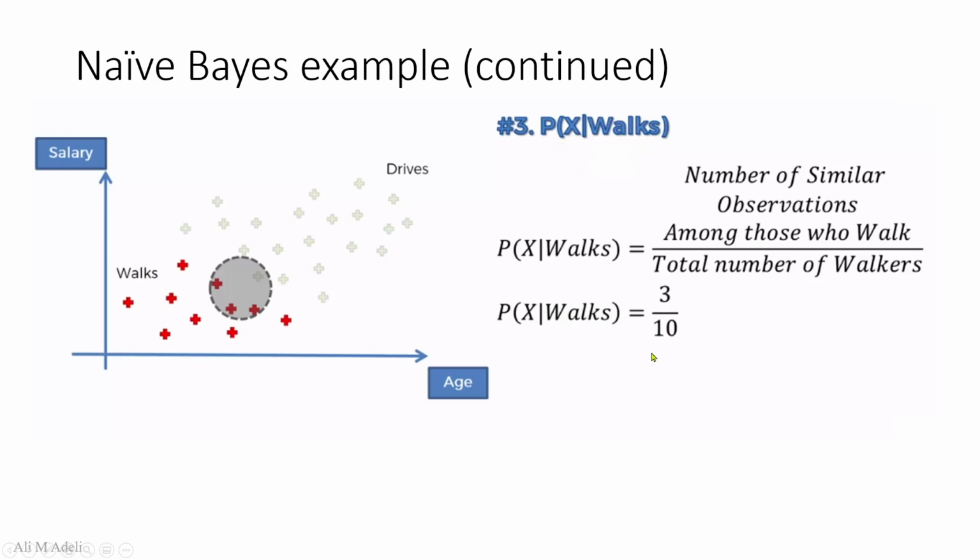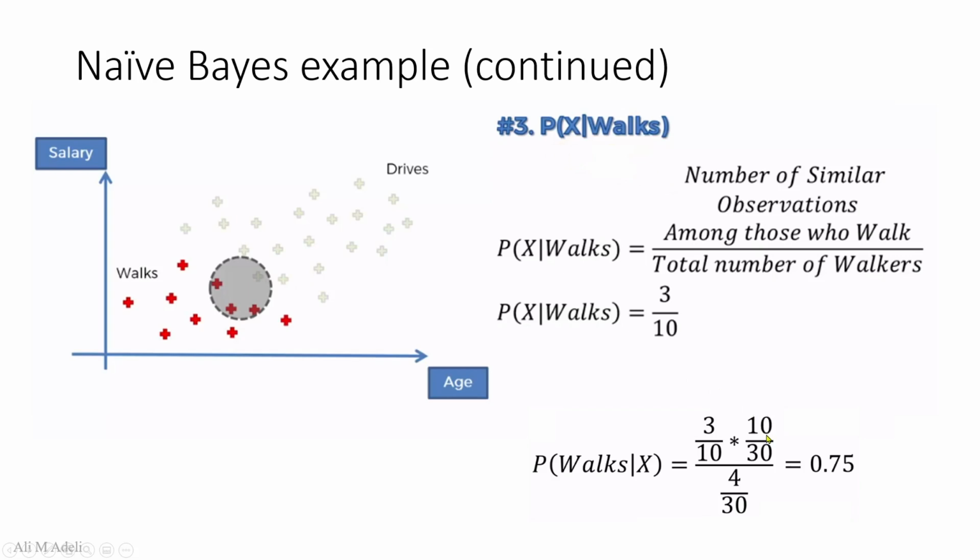So now we have all the pieces we needed. What I wanted was the probability of being a walker given the observations I have, the x, the salary and age. I calculated the likelihood of having a similar observation among the walkers.